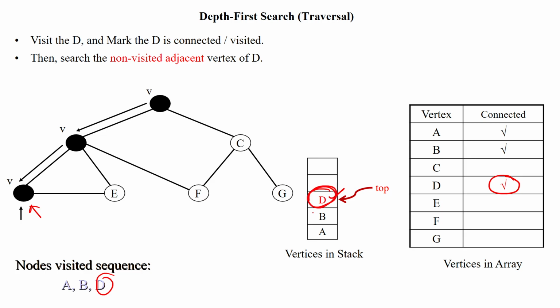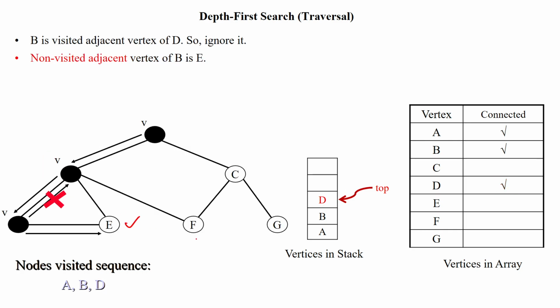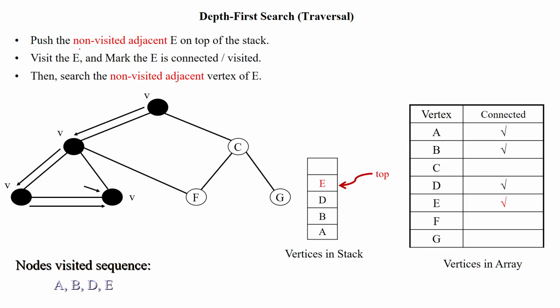Here we have B and E, but B is already visited, so we can select E. So now E is a non-visited adjacent node, which is pushed on top of the stack and marked as a visited node. And also here we are using the connected table for reference, so it is also marked as connected.